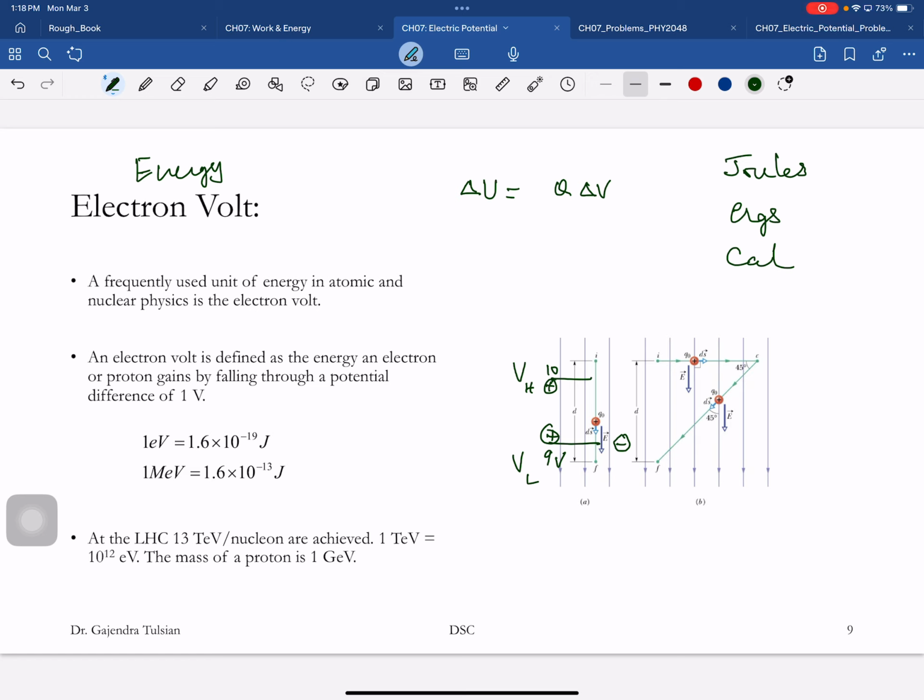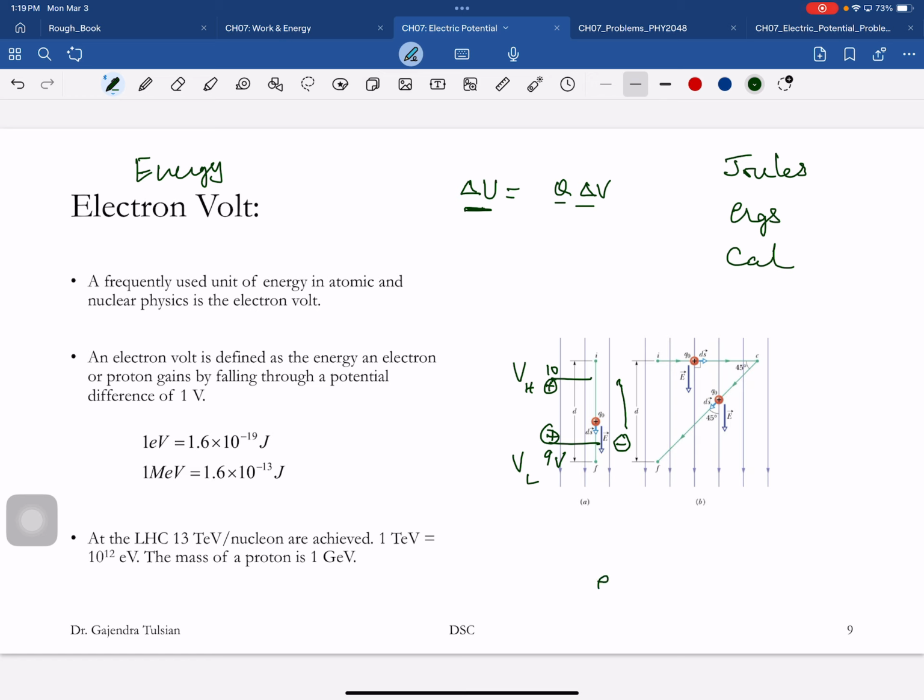If I let go of an electron, what will happen? It'll fall up, okay? What will be the change in potential energy of the electron? Its charge is the same, it falls through the same potential. Its change in potential energy will be the same, okay?